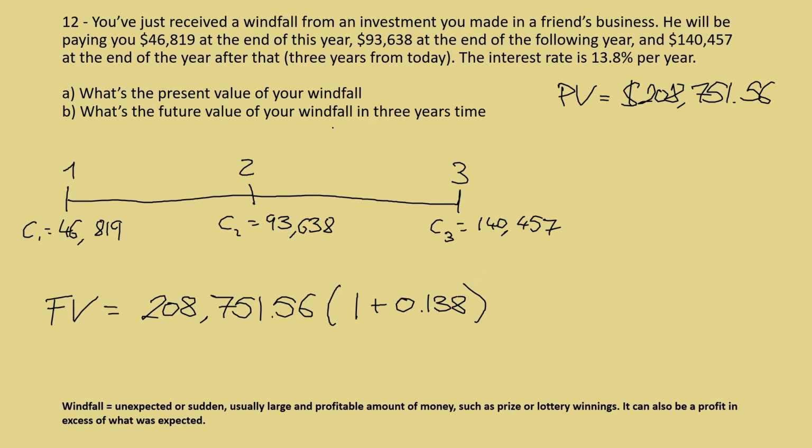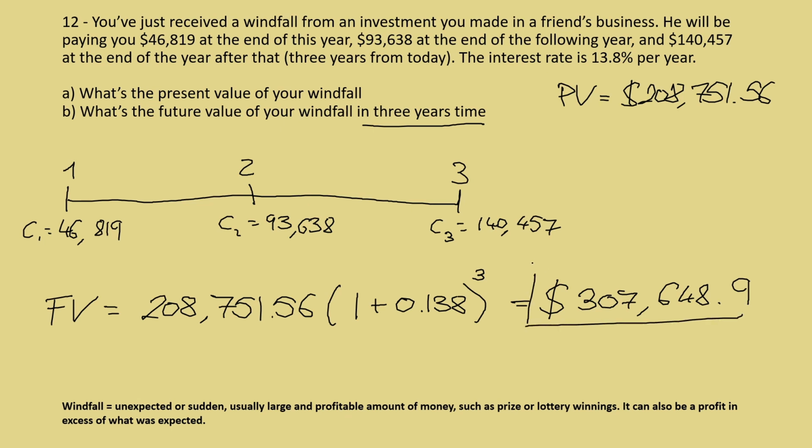Because in this case we want to find out the future value in 3 years' time, we know that n is 3. Okay, and then we just need to solve this. If we plug this into the calculator, we should get that the future value of the windfall is 307,648.9 approximately. So this would be the future value of the windfall.